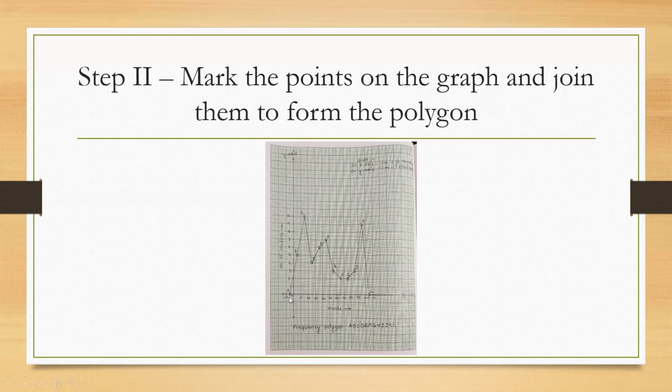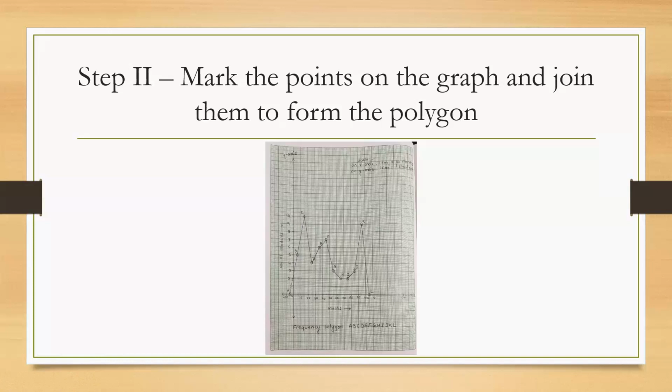That point can be seen here, on the left-hand side of 0. Then you can see point B, point C. Whenever you are marking the points, it is advisable that you mark them along with their names. It will help you while joining those points.